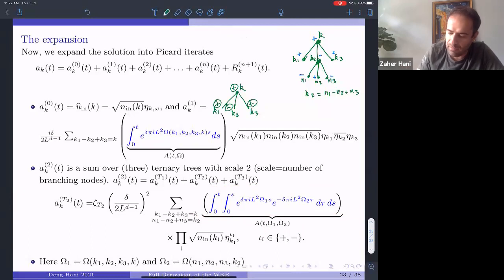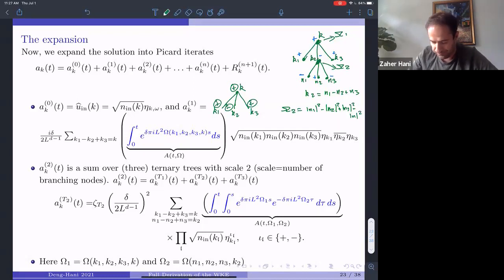But for example, in this case, here you have omega-1, here you have omega-2, and omega-2 is equal to n1 squared minus n2 squared plus n3 squared minus n squared. I will stop writing the sub beta over here just for ease of notation. So each branching node also has associated to it a resonance factor omega-1 and omega-2. So here you have 2 branching nodes, so you have 2 resonance factors.